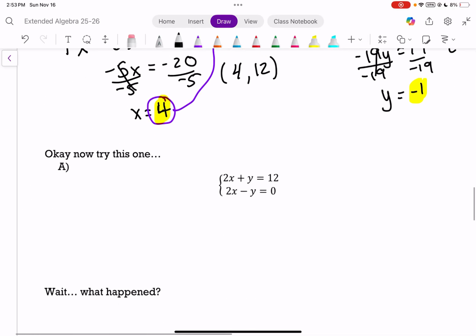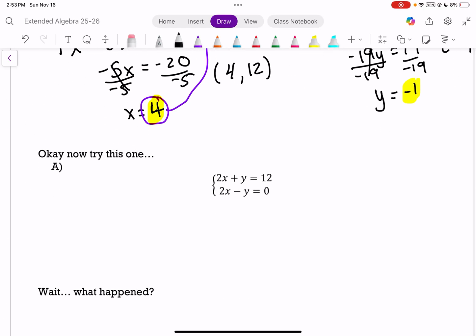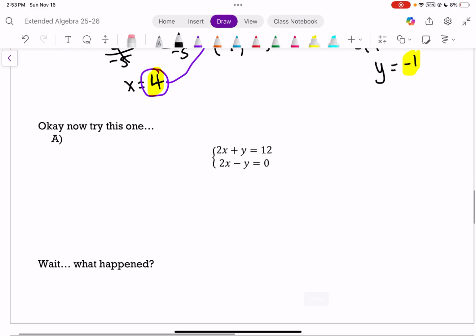All right, let's go ahead and try this one. On this one, I don't have an x equals or y equals. Okay, this makes it difficult to solve by substitution. I could solve one of these.